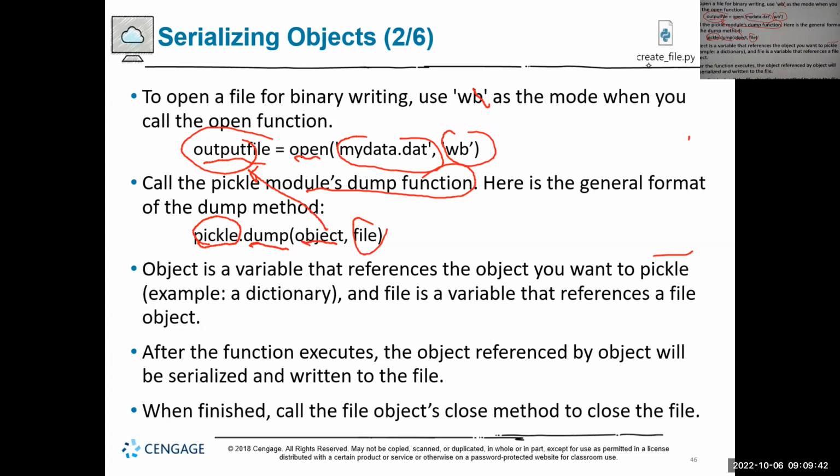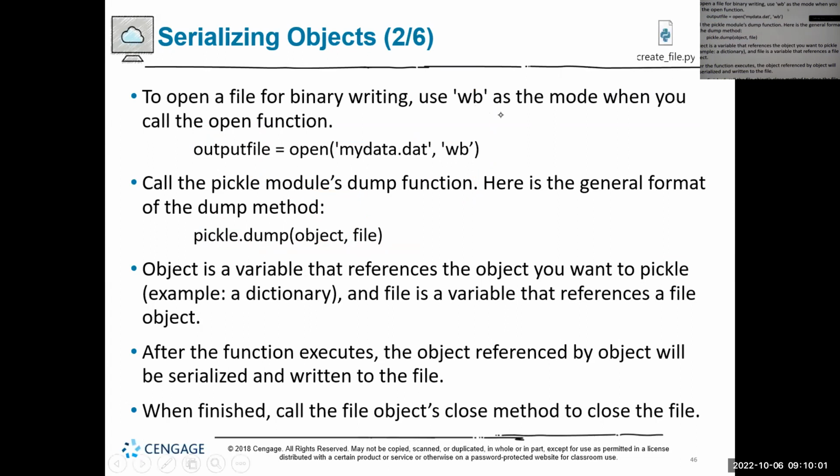And remember that when you are done, you have to call the file object's close method to close the file. So that is a very simple example if you want to serialize an object and store it into a file.